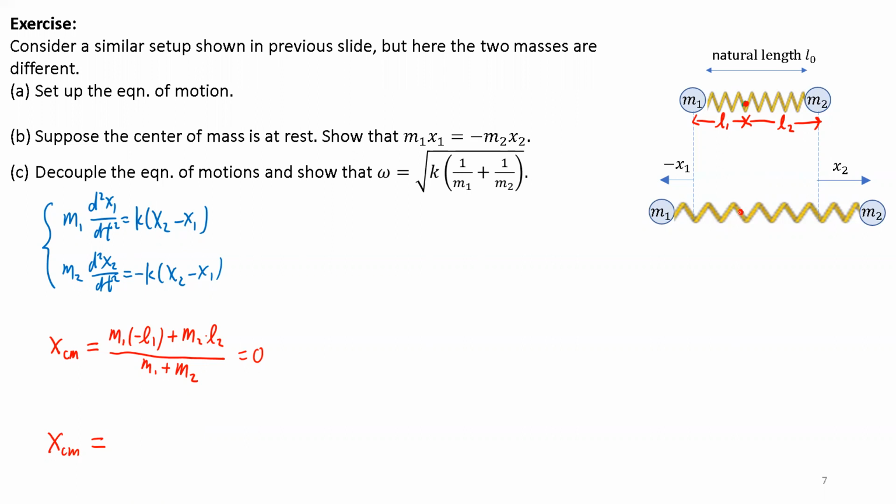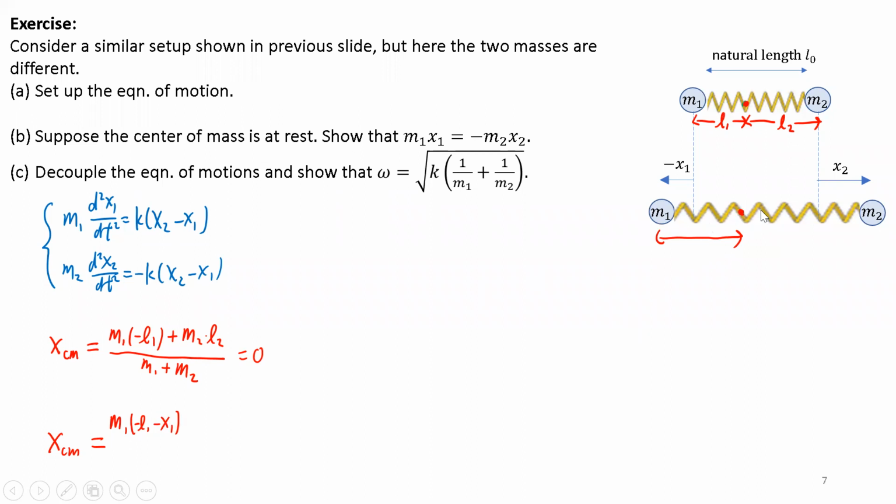This is the origin of the coordinate system. So again, M1 times the distance. What distance? It's this distance, which is minus L1 minus X1.